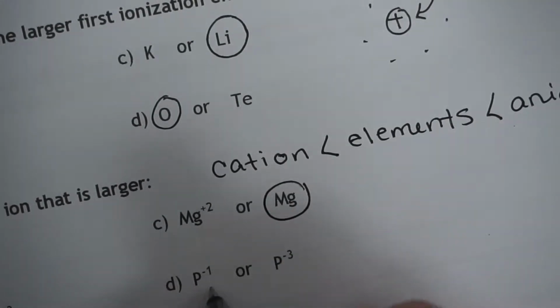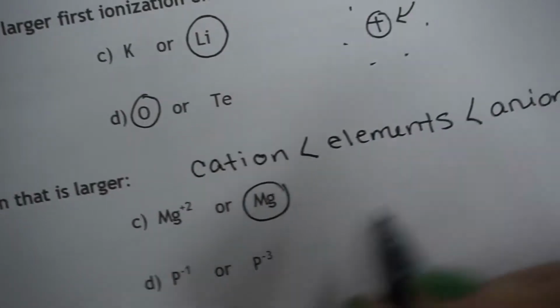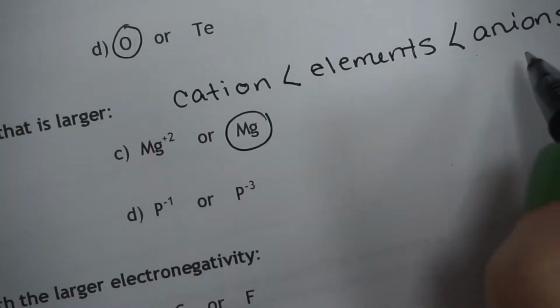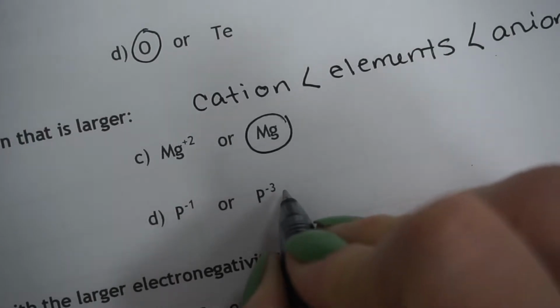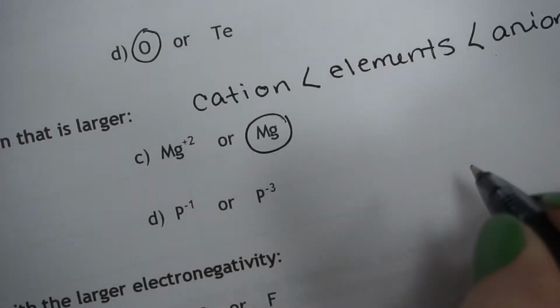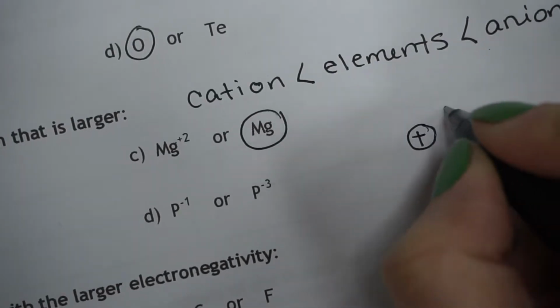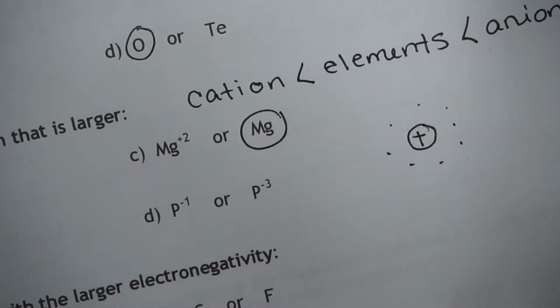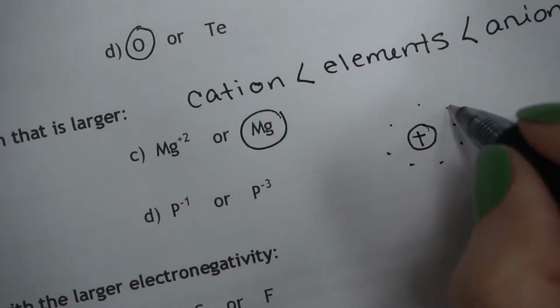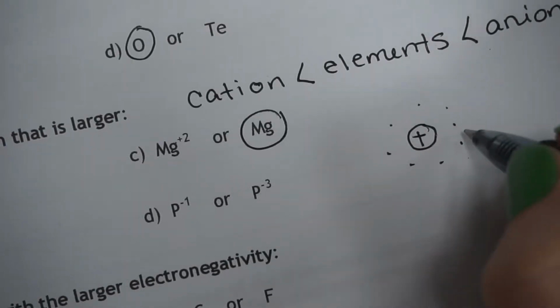Now you have phosphorus, anion with a -1 charge, or phosphorus, anion with a -3. They're both anions, so that's kind of hard. But the more negative the charge is, the larger it's going to be. Again, you have this positively charged nucleus attracting a certain amount of electrons. If you get rid of an electron, it's going to pull them in further.